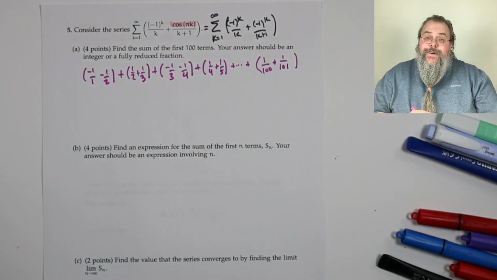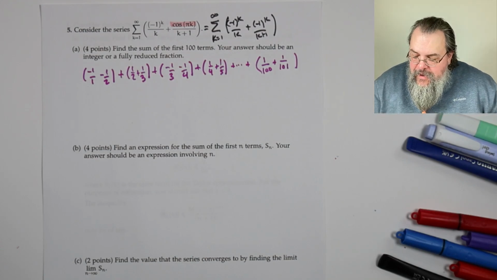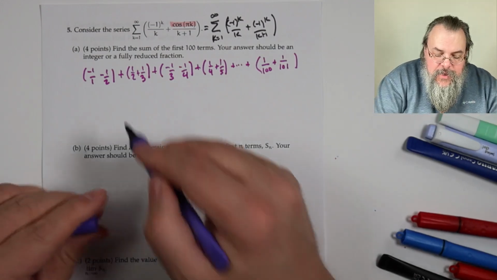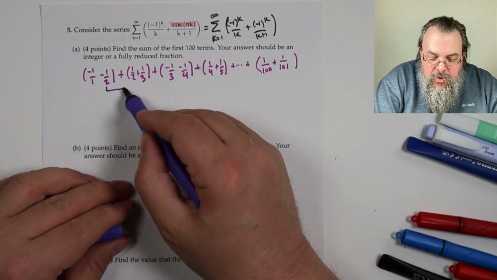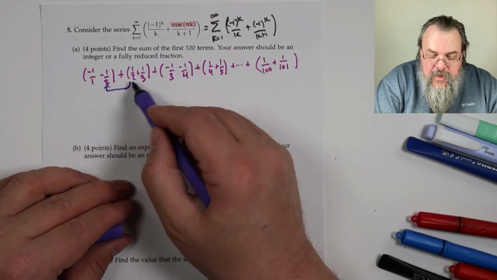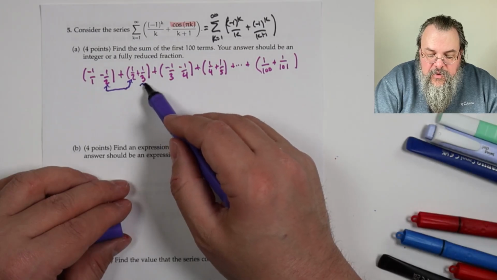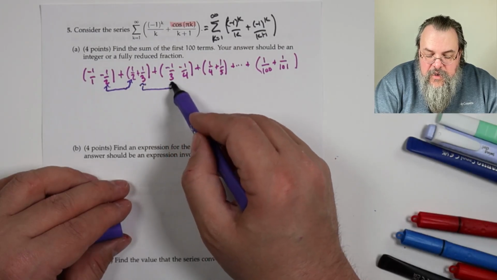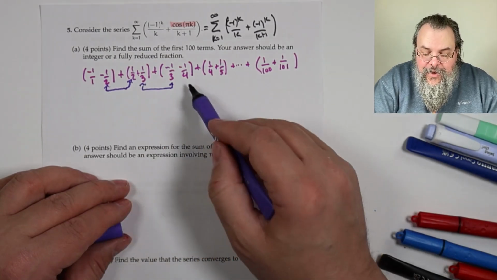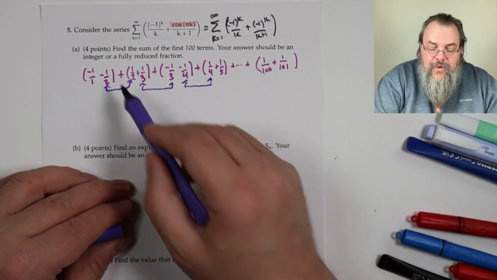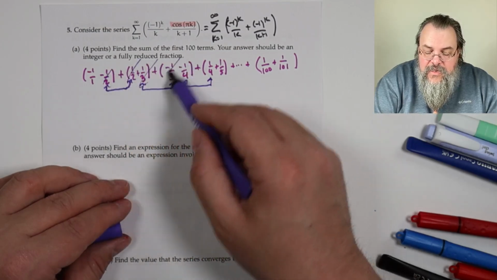Now, what do we see? And I think we probably spotted this pretty quickly, right? You see how we get minus a half plus a half? Okay, cool. Those cancel. Plus a third minus a third. Great. Those cancel. Plus minus a fourth plus a fourth. Those cancel. So we're getting these beautiful cancellations going.